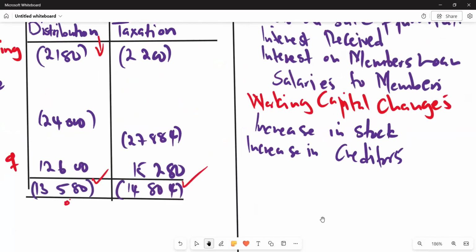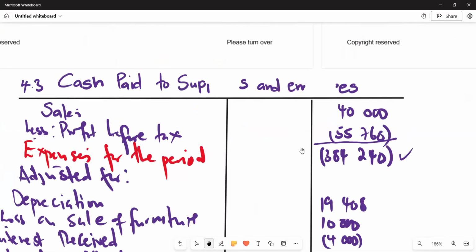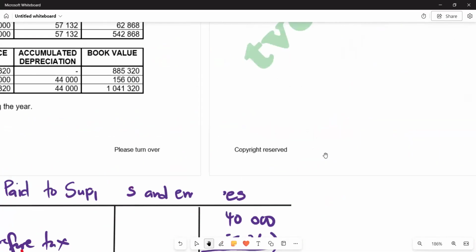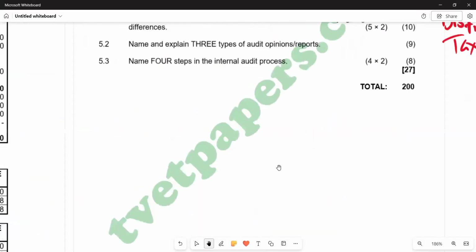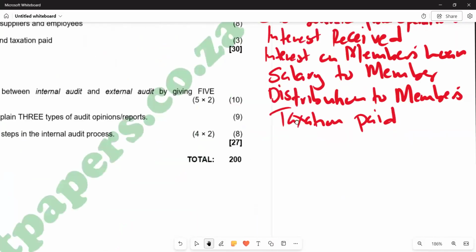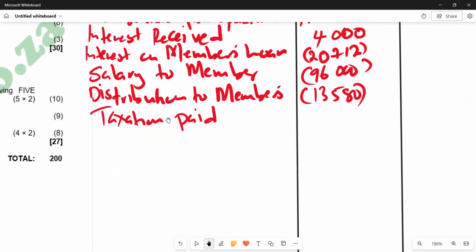We are here and we see that the figure for taxation is 14,804. So we are saying 14,804, and it's a negative again, show it in brackets.